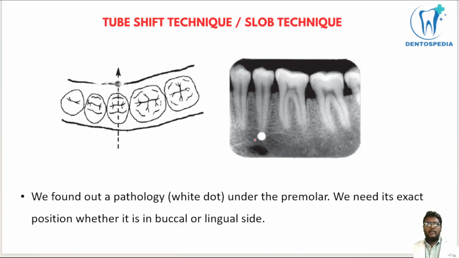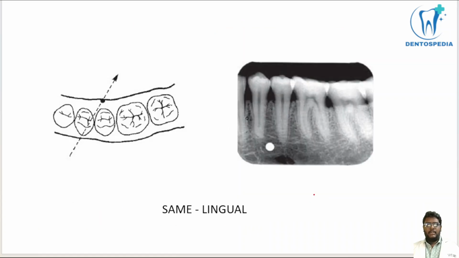We get the information that it is present between the first premolar and the molar, so we get the mesiodistal position of the pathology. But we are not getting the exact position buccolingually. That's where we use the tube shift technique.